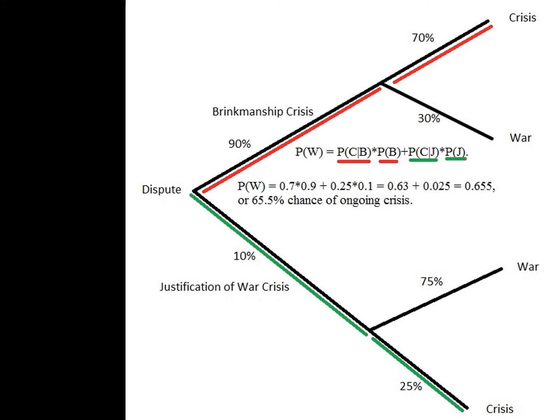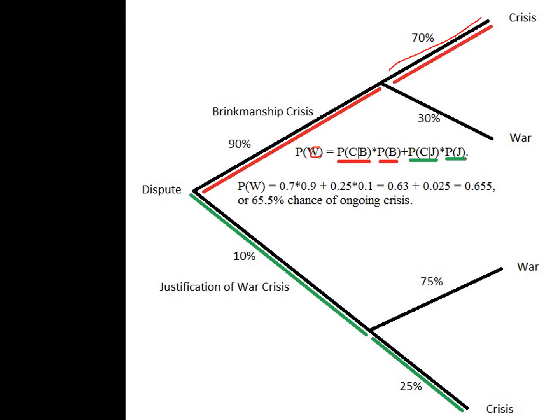Here we have probability of war, but it should be probability of crisis, is equal to the probability of a crisis, given that it's a brinkmanship crisis, times the probability of brinkmanship, plus the probability of a crisis, given that it's a justification of war crisis, times the probability of a justification of war crisis. So let's first change this to a C for the probability of crisis. So we have the defined equation here, and these are the components.